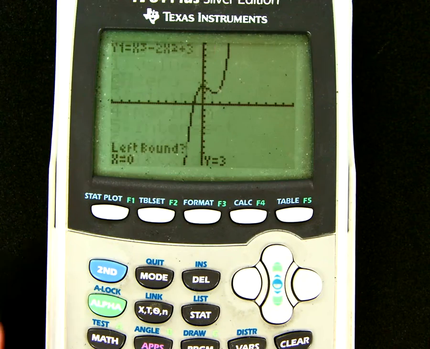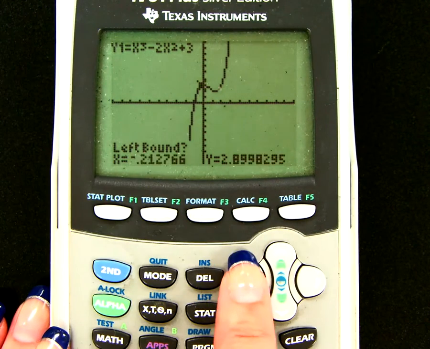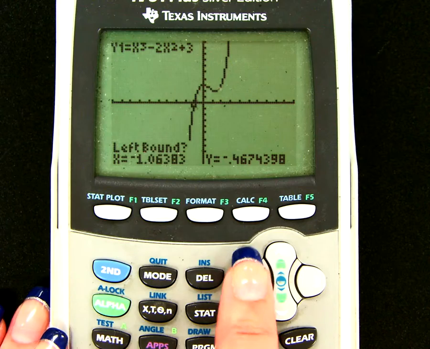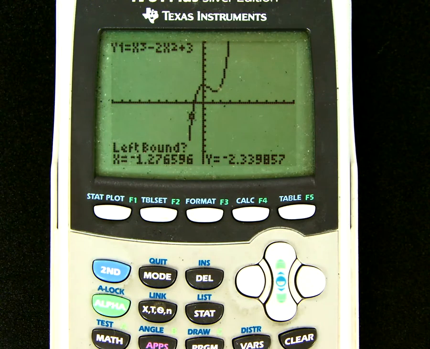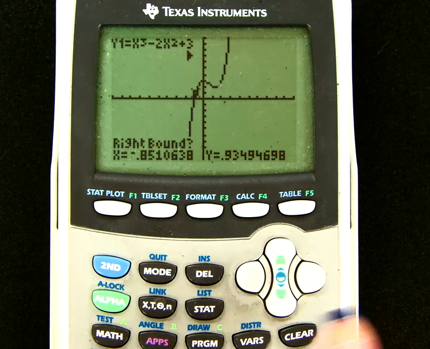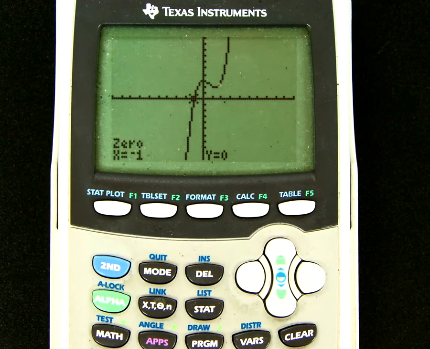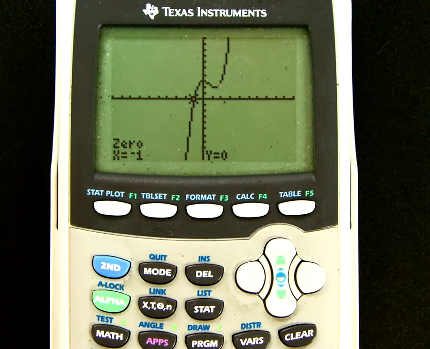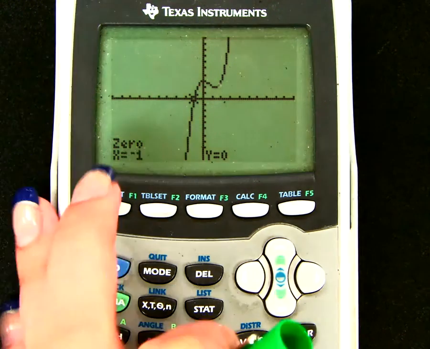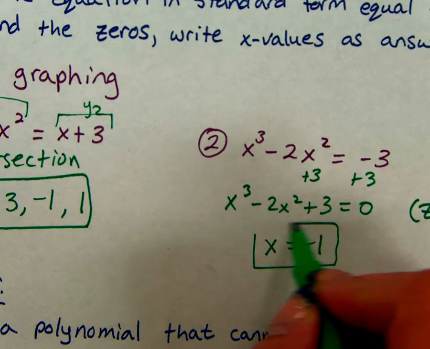And this is the one that asks you for the left and right bound. So for our left bound, I need to be on the left side of what we're trying to find. So that means I'm going to be starting below the axis, and then enter. And then we're going to go above the axis for the right bound, enter, and then enter when it says guess. Okay, so this time we have one answer of -1. Okay, so we only have one real solution to this problem.